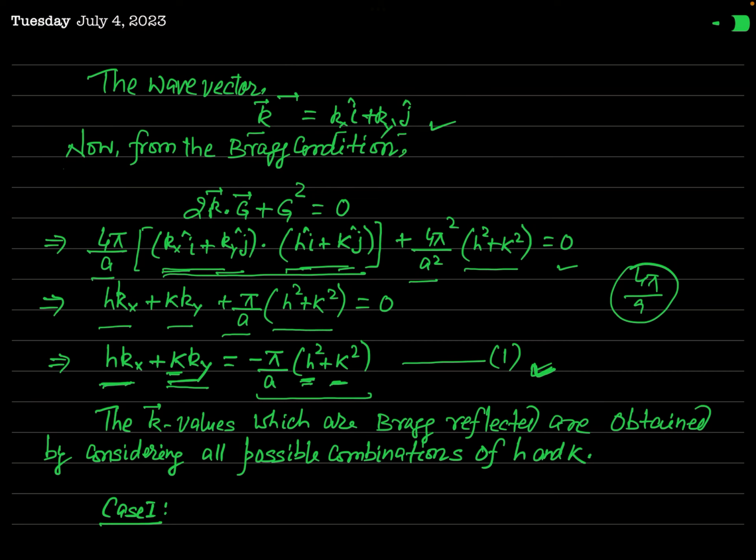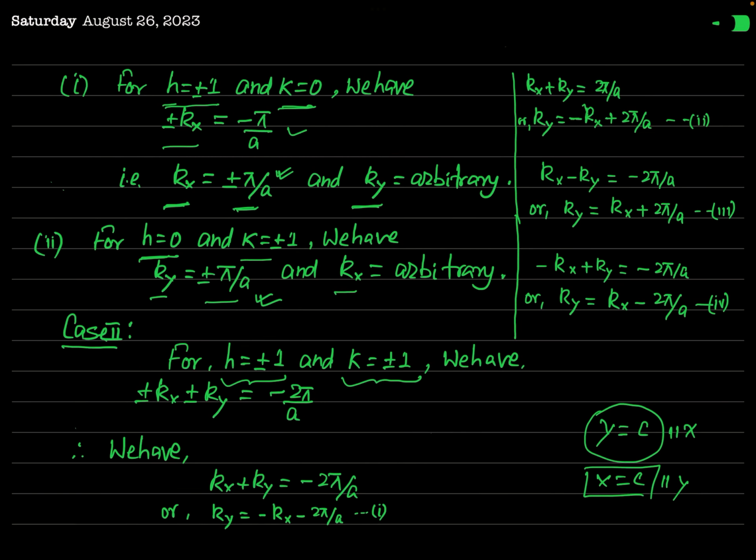So the first term will be what? That will be plus minus kappa x. The second term will also be plus minus kappa y in LHS. And in RHS, h and k both are plus minus 1. After squaring, those will be 1. So in RHS you will get 2 into 2 pi over a. Okay.